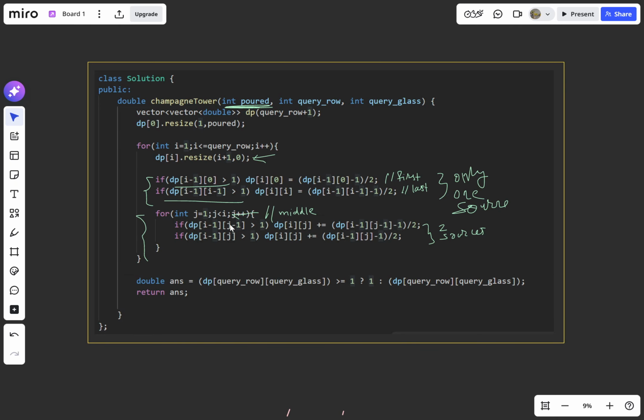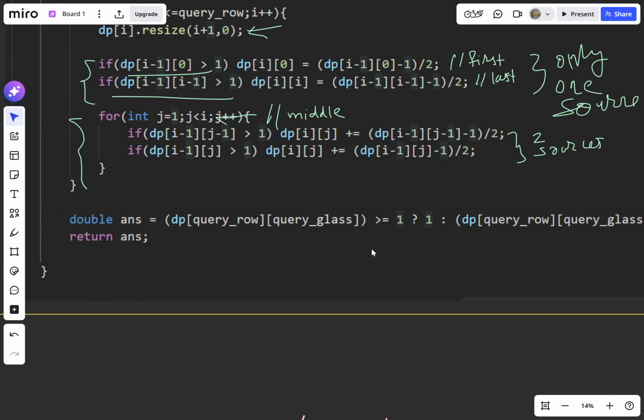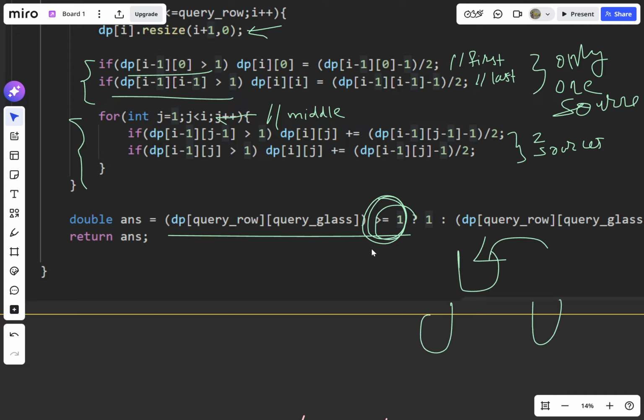And after that, while calculating the final answer, we will first check if it is greater than 1 or not, because we are storing the amount of water which is present in that glass. For the initial first glass, if we have 4, we store 4, which is greater than 1.